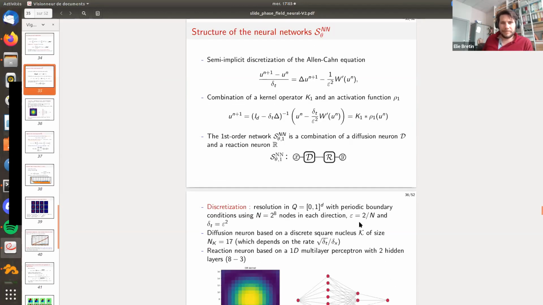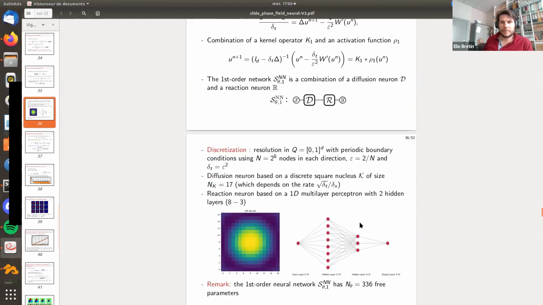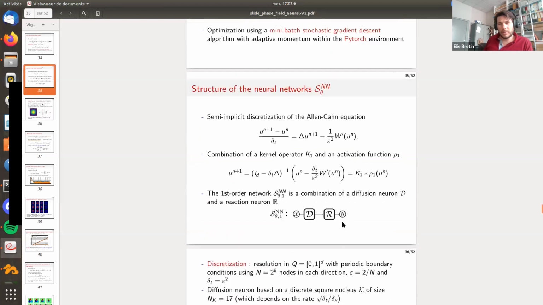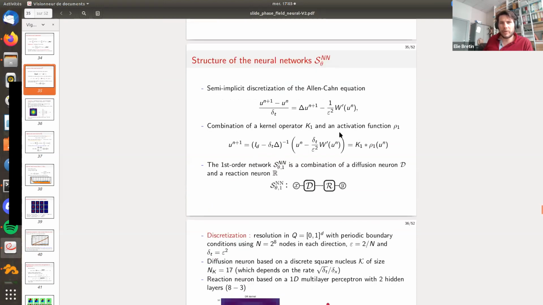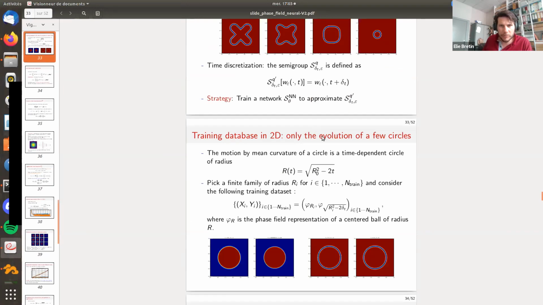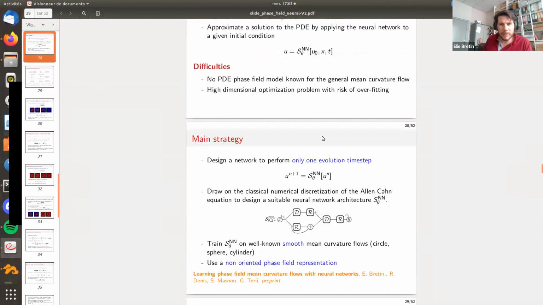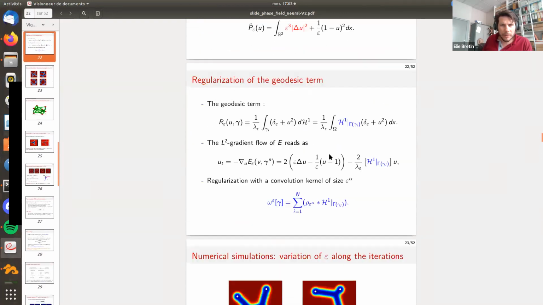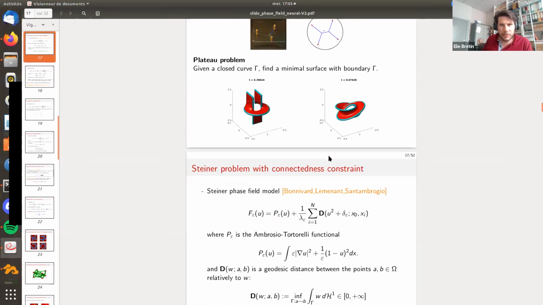In fact, at the beginning of this work, we only considered the Allen-Cahn equation, and for the Allen-Cahn equation we have a lot of numerical schemes. Okay, I prefer to show you this example: the Allen-Cahn equation with this scheme.